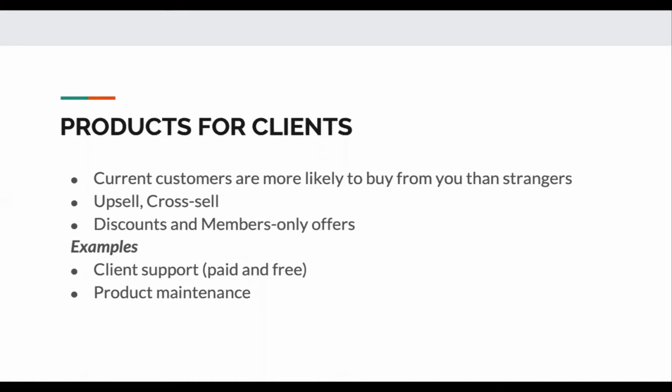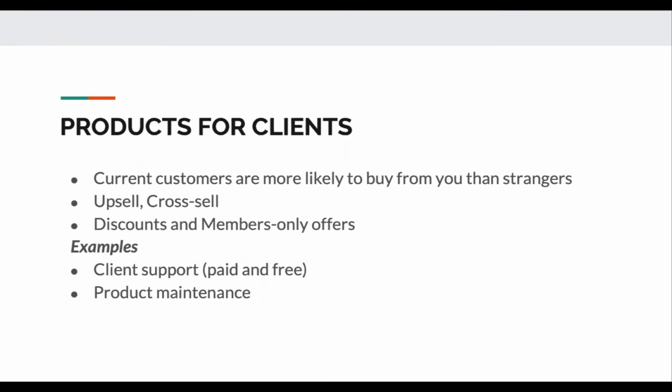Let's say you have a physical training center, and you're also offering the service for people at home, giving people VIP treatment. It's going to be higher priced than what you sell generally.